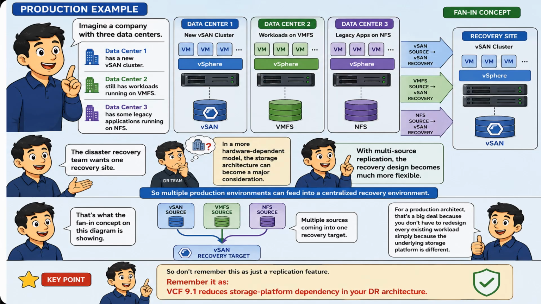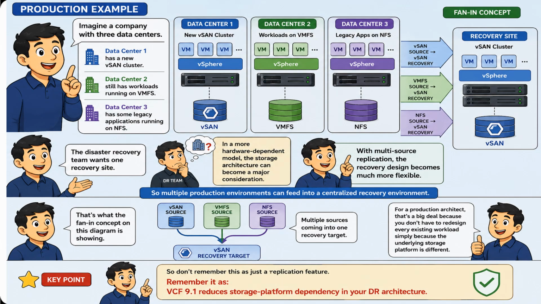Here vSAN can be replicated to the vSAN recovery, VMFS source storage can be replicated to the vSAN recovery, and NFS source can also be replicated to the vSAN recovery. So multiple production environments can feed into a centralized recovery point. That's what this diagram is showing here.